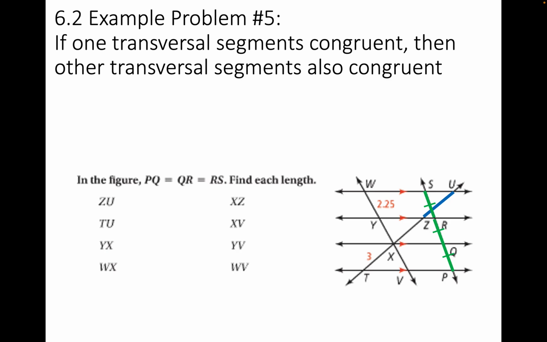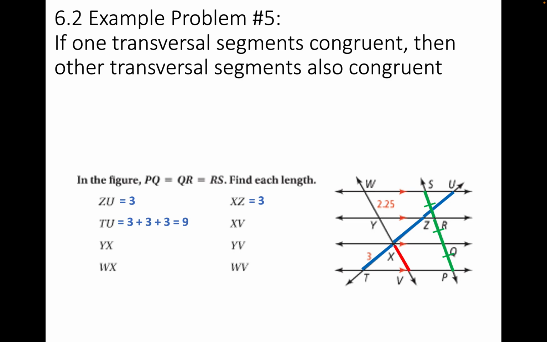So right here, ZU must be equal to the same thing as TZ, so it must be 3. XZ, excuse me, XZ must therefore also be 3. And TU, this one plus this one plus this one, must be just 3 plus 3 plus 3, so that's 9.